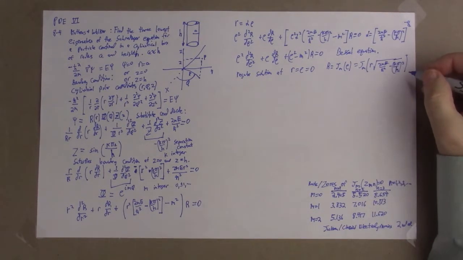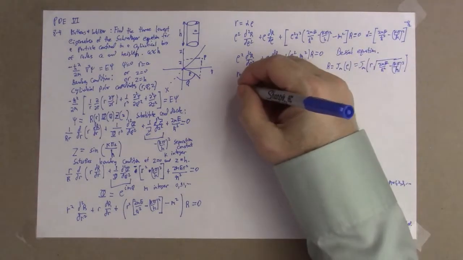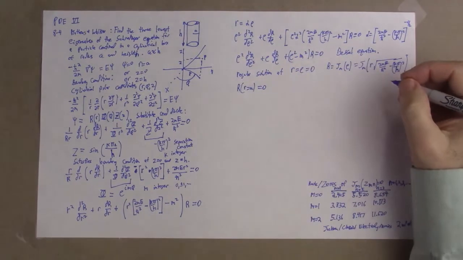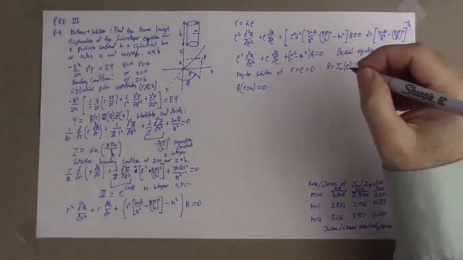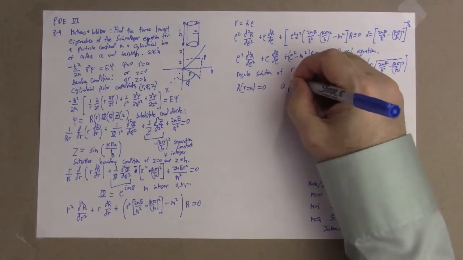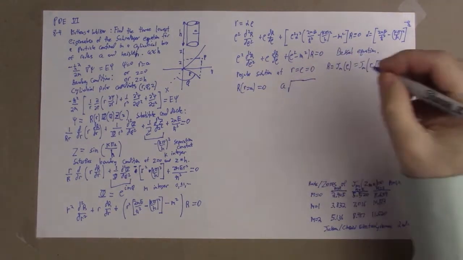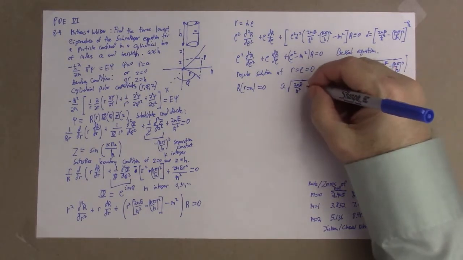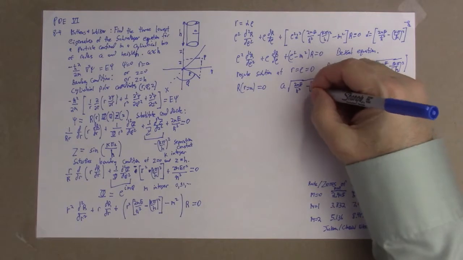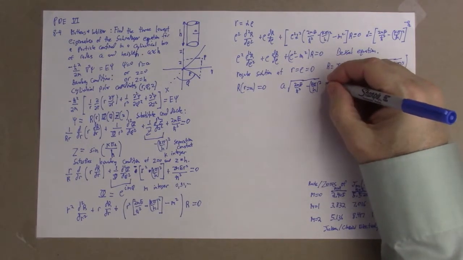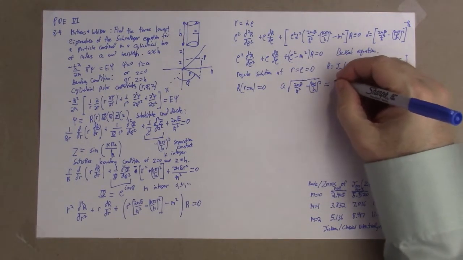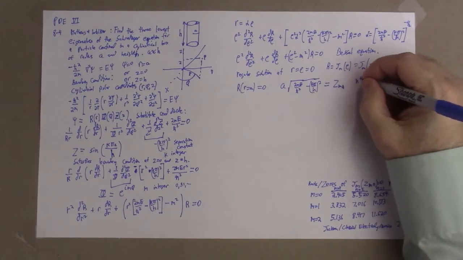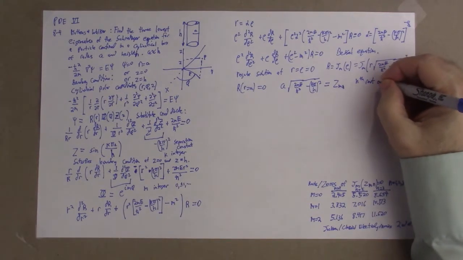Okay. Now the only boundary condition we have to satisfy is that R at r equal a equals 0. So this requires that a times the square root of 2me over h bar squared minus kπ over h squared has to be equal to, we'll just call it z_mn, which is the nth root of J_m.